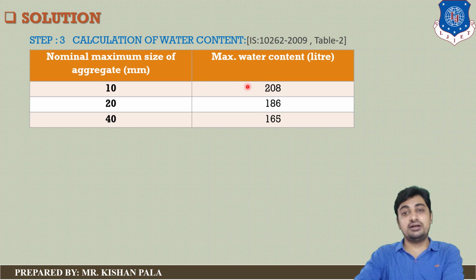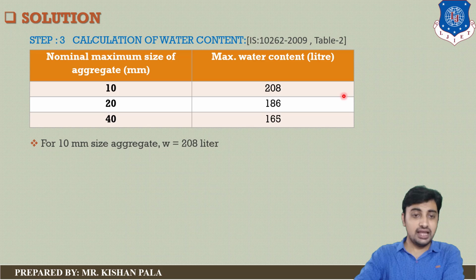For the 20 mm nominal maximum size of the aggregate, you can take 186 liter, and for the 40 mm nominal size of the aggregate, you can take the maximum value 165 liter for the water mass. As per our data, we are using the 10 mm size of the aggregate. It means we can use the maximum 208 liter in our concrete mix.